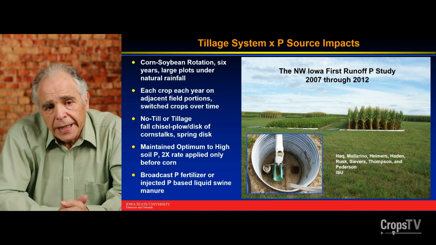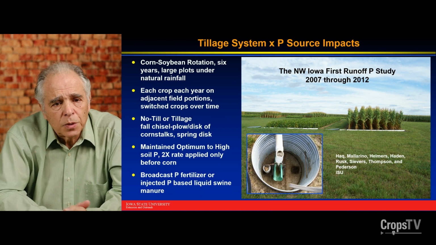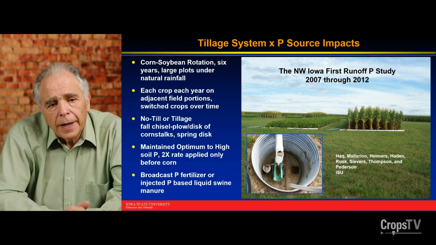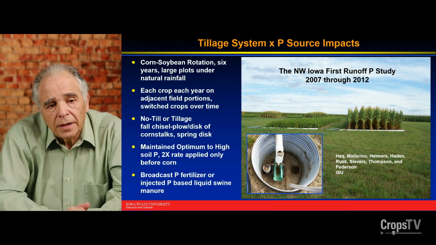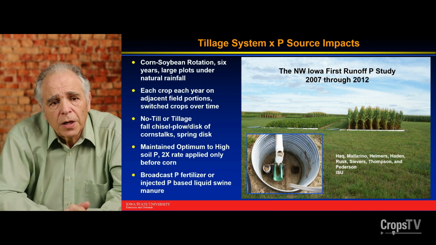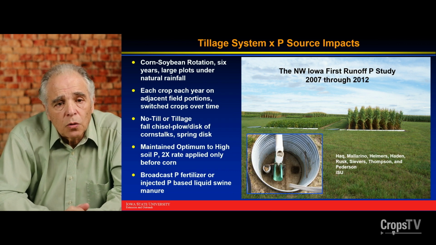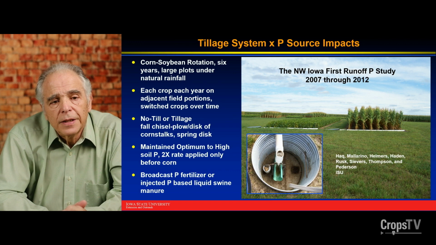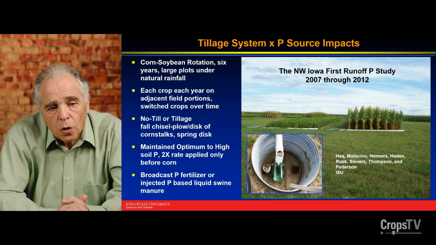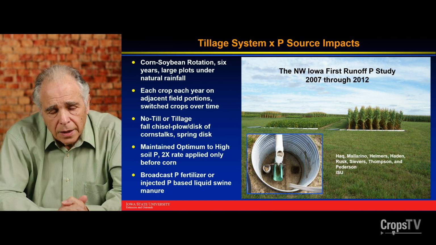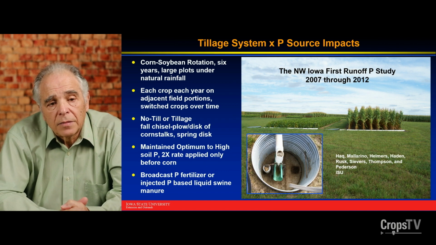And we try to maintain a soil test optimum to high, and as we explained before in this experiment, we applied the double rate for the rotation, applied only before corn in the fall. Then we had the treatment.